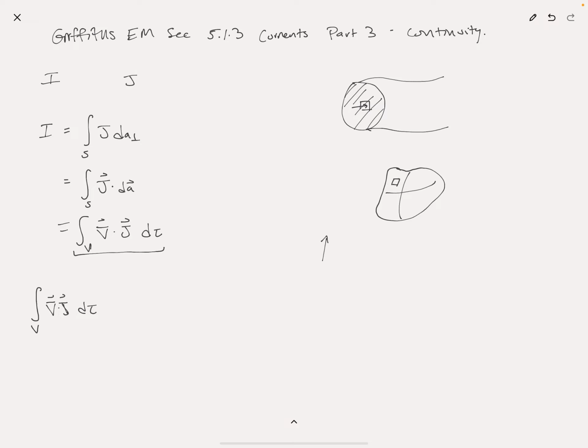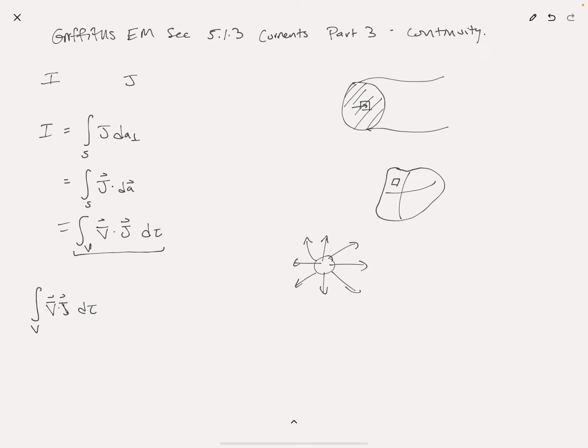So in space, if I have some current density that looks like this, that is going to have a non-zero divergence. And that non-zero divergence is going to lead to current leaving this area.